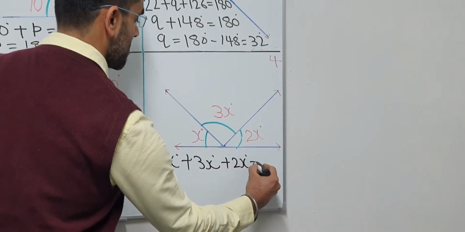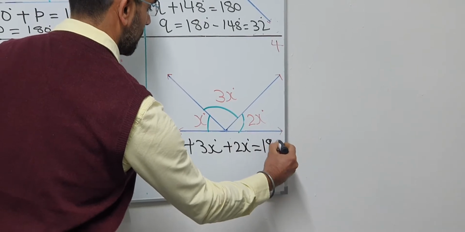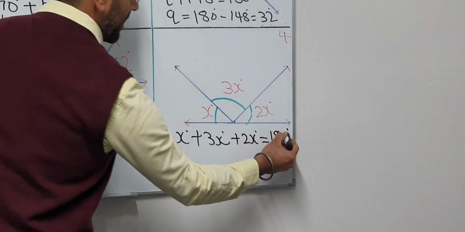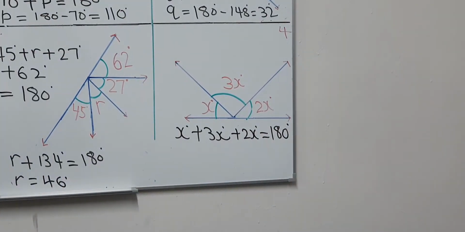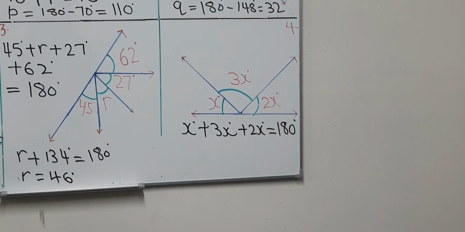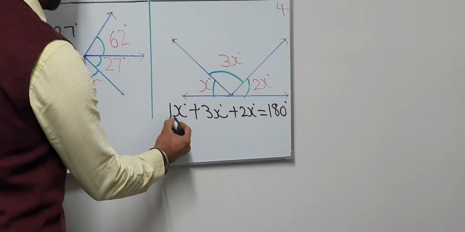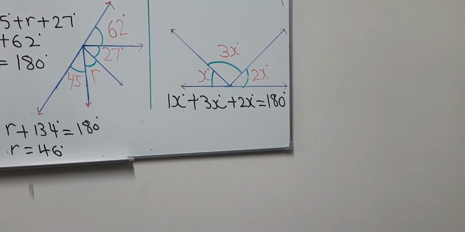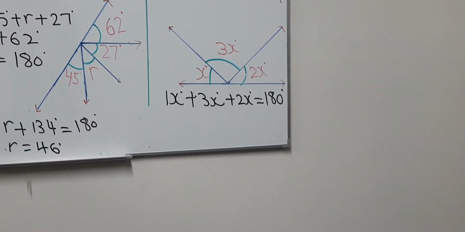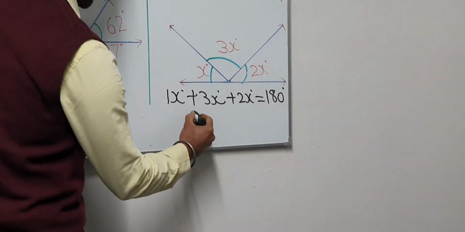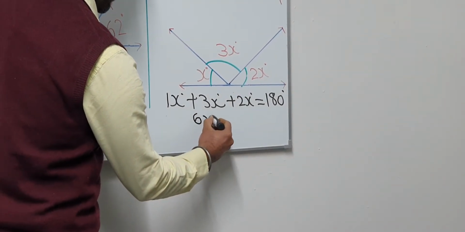The formula is 180, that's angles on a straight line. And we did in algebra, these are all like terms and we can add them up. 1 plus 2 plus 3 is simple, that is 6, because all are like terms.